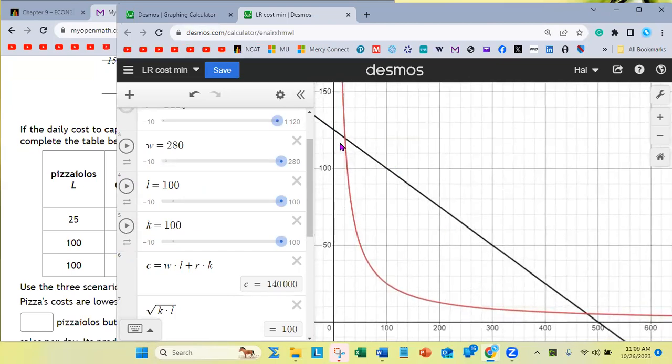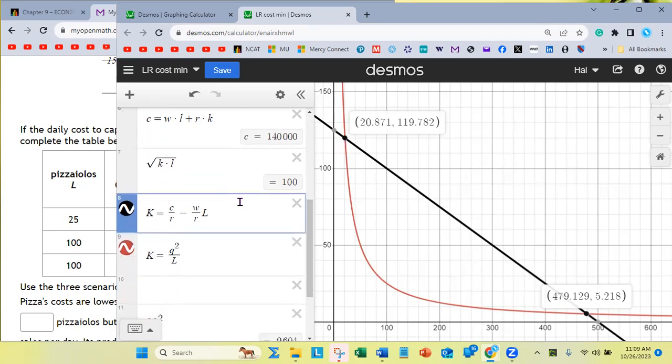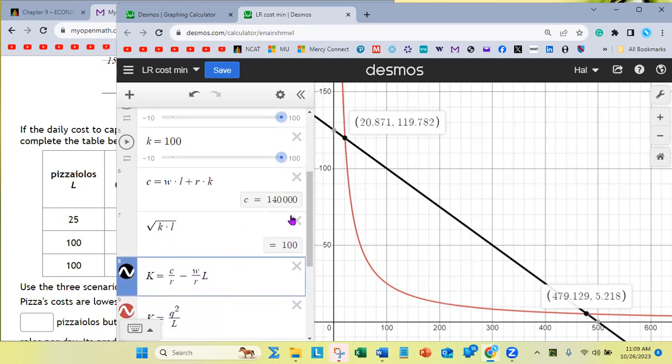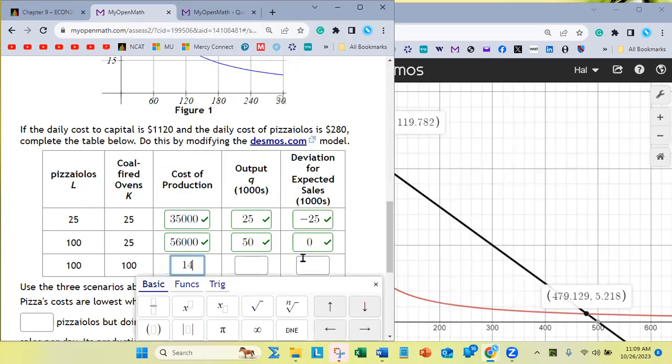Okay, so now we have a situation where my iso-cost line is a long way from the origin, right? And the iso-cost line intersects the isoquant in two different places. The cost of this is $140,000, so it's really high cost.